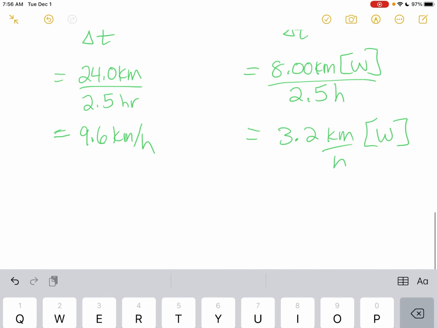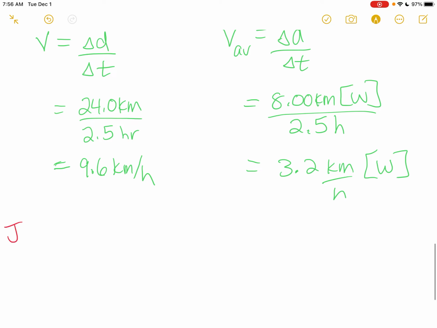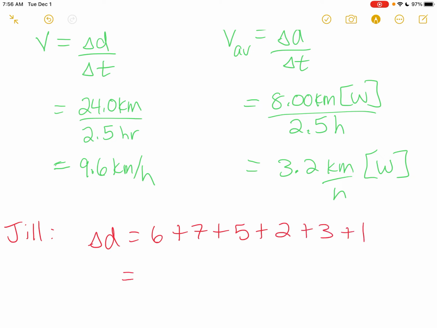So for Jill, we'll start with her distance. So she went 6 kilometers, 7 kilometers, 5 kilometers, 2 kilometers, 3 kilometers, and 1 kilometer. So she went 24 kilometers. Hey, she traveled the same distance as Jack.